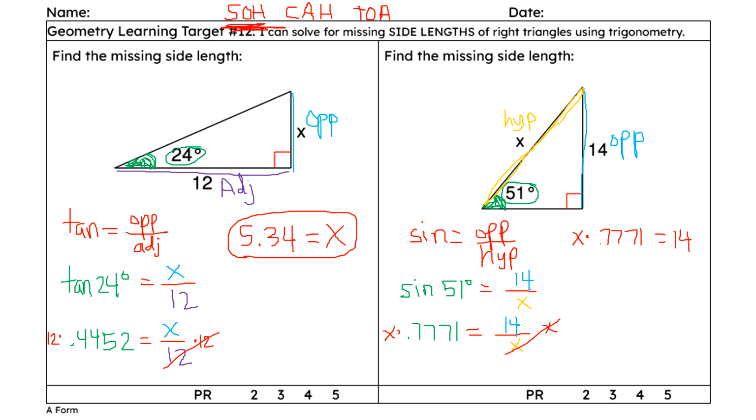So now, to isolate the variable x to get it all by itself, I need to get rid of this decimal 0.7771. So in order to get rid of times by 0.7771, I'm going to divide each side by 0.7771. Both sides.